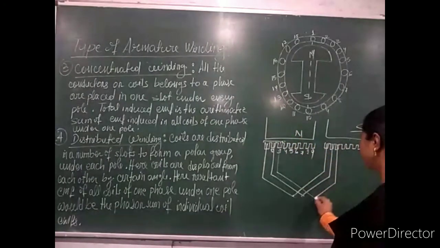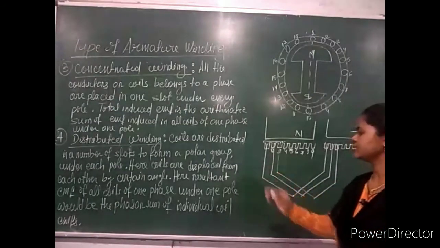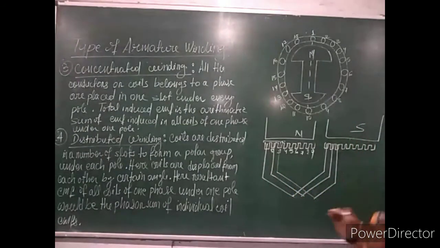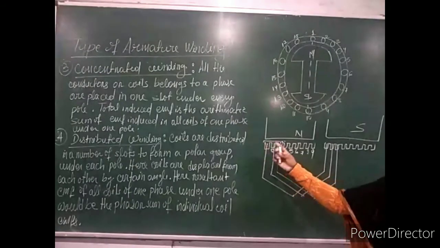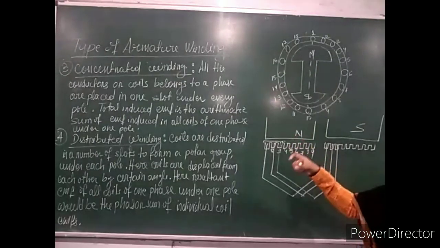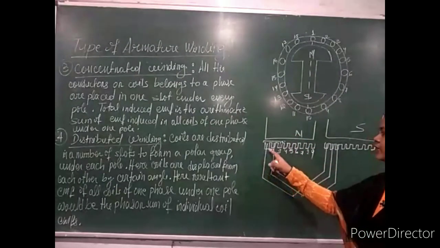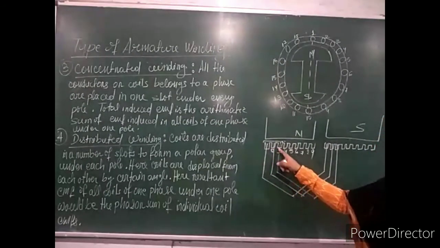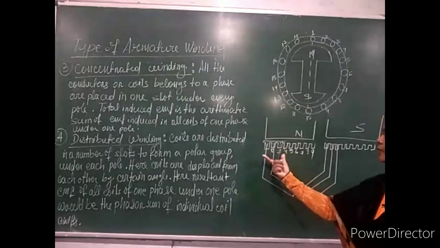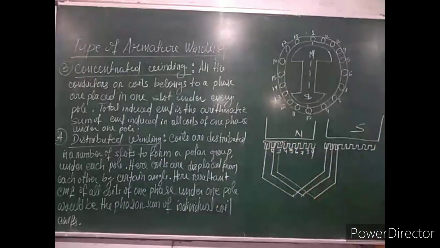Clear? Now you are clear what is the difference between concentrated and distributed winding. In concentrated winding, we make a bunch of the coils and place it into a single slot belonging to the first phase under the north pole. But in distributed winding, in place of bunching, we distribute them into individual slots which come under the first phase under the north pole.